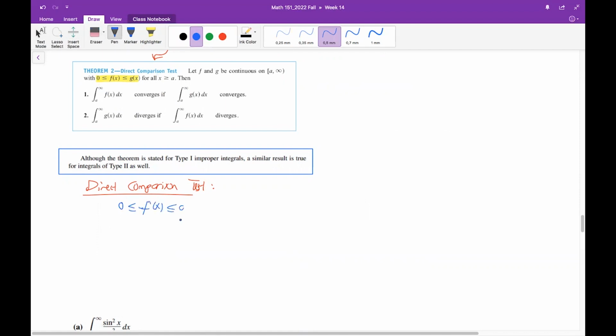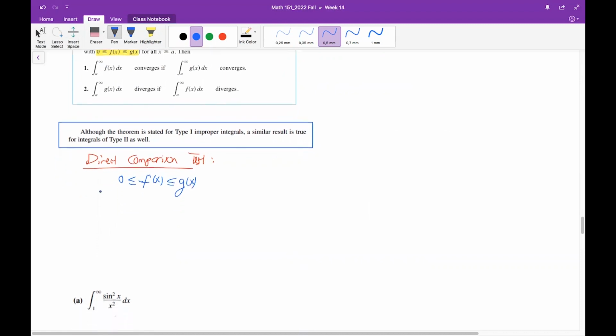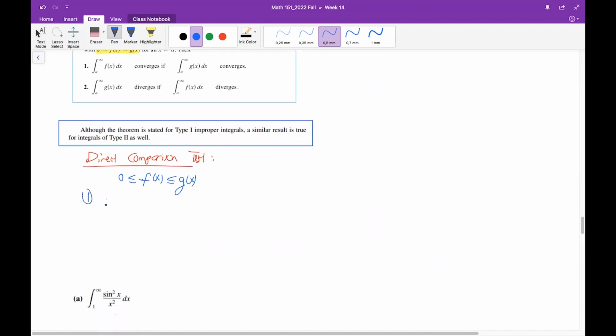The first statement goes like this: if the integral from some arbitrary real number a to infinity of g of x dx converges, meaning the result of this integration is a finite number, then if the integral of the bigger terms is finite, you can conclude that the integral with the smaller terms will also be finite automatically.